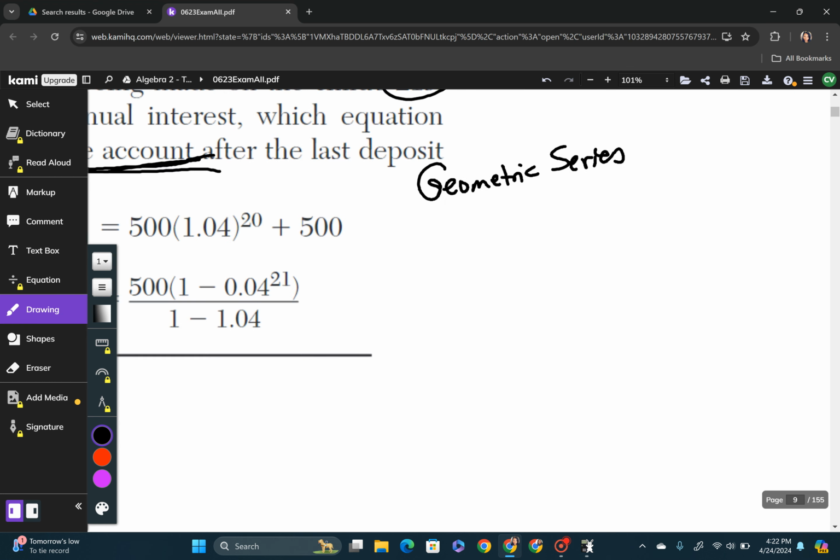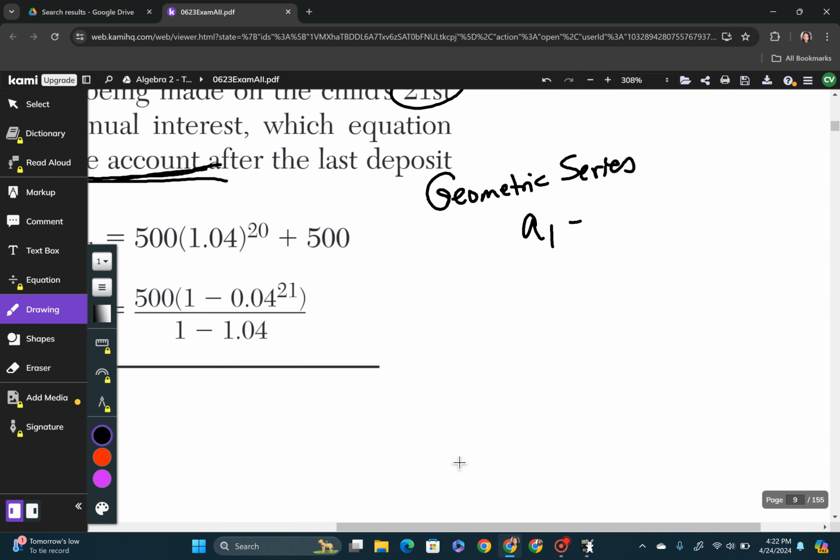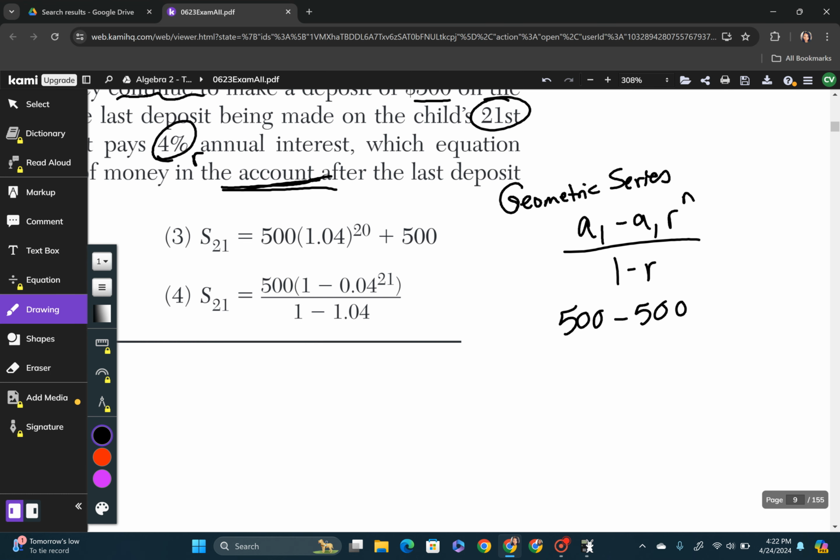All right, so let's see. Our first amount is 500. So I'm going to do 500 minus our 500 again. Our R, let's talk about this. It is growing, right? It pays 4%. So from 100%, it's going to add 4% more to it.